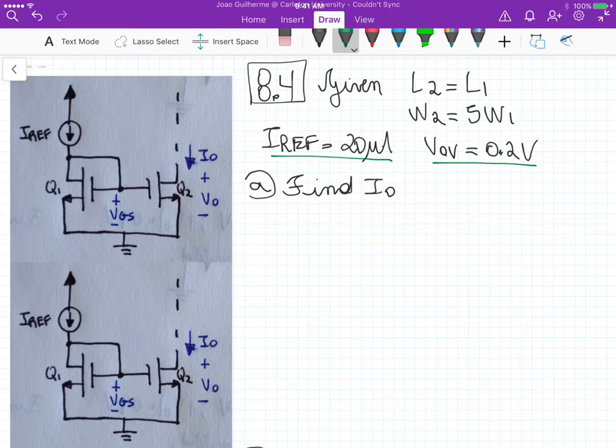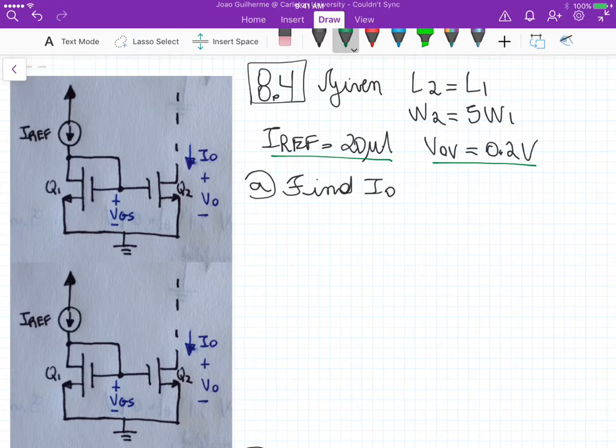There's one equation that relates the output current to the reference current. That depends on the aspect ratios of each one of the transistors. That's an important equation, because if we change the dimensions of each one of the transistors, we change the relationship between the output current and the reference current.